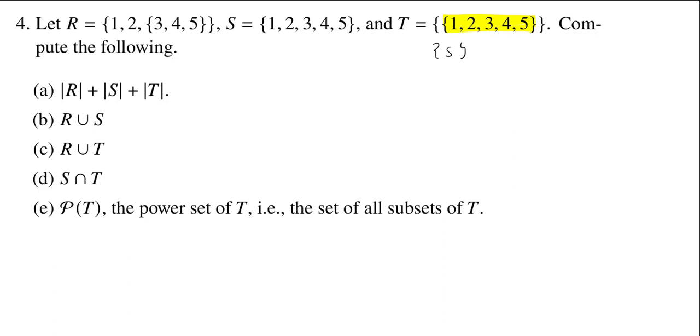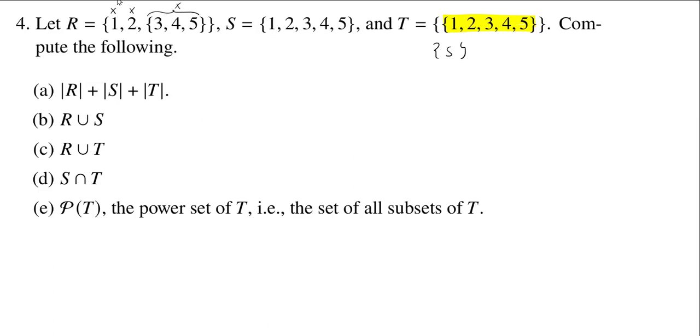All right, so we want to do some computations. So let's see, the first one, we just want to know how many elements, right? So remember, these bars mean the cardinality. How many elements are in each of these 3 sets, and we'll add them together. So for R, we end up with 1 element, 2 element, and then you have a set as the third element. It does not matter that the set happens to contain other elements. R can't see that.